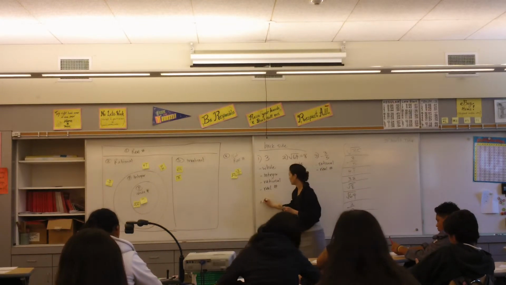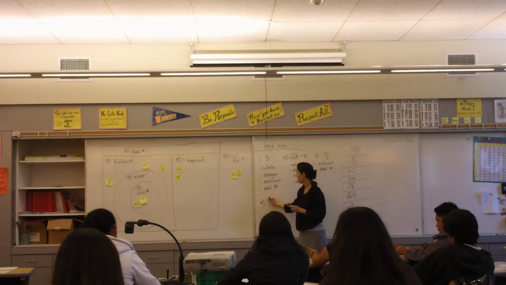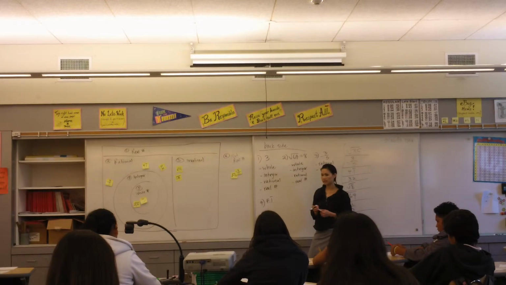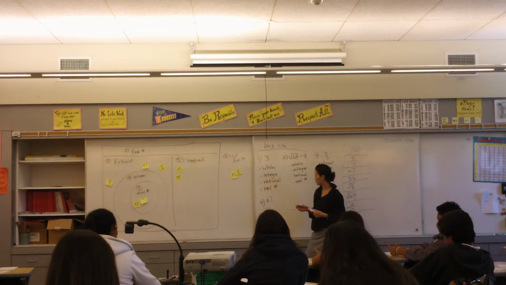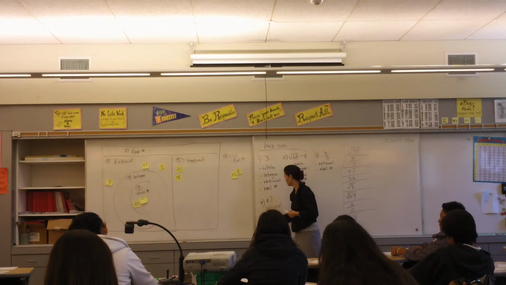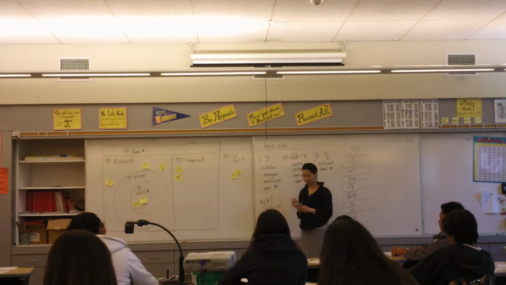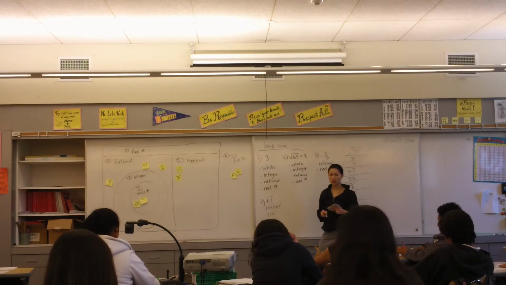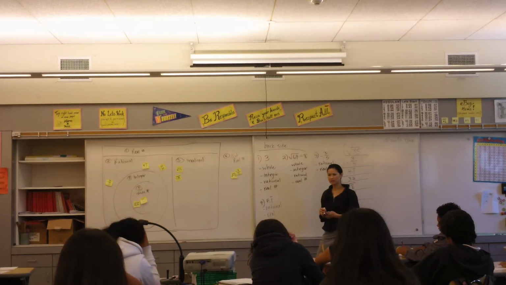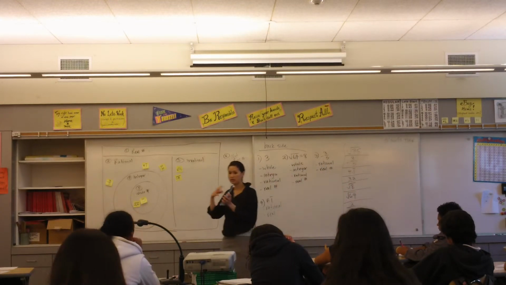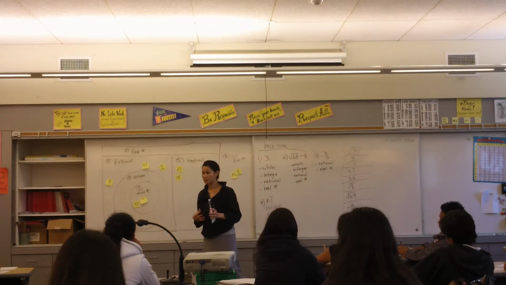So for number 4 on the back side, you would write 4.1 with the bar on top, and it would be called a rational and a real number. So there are 2 names for this one. From what we're seeing, does each number have the same amount of names? No. So one number can have a lot of names, and there's another number that might not have that many names.